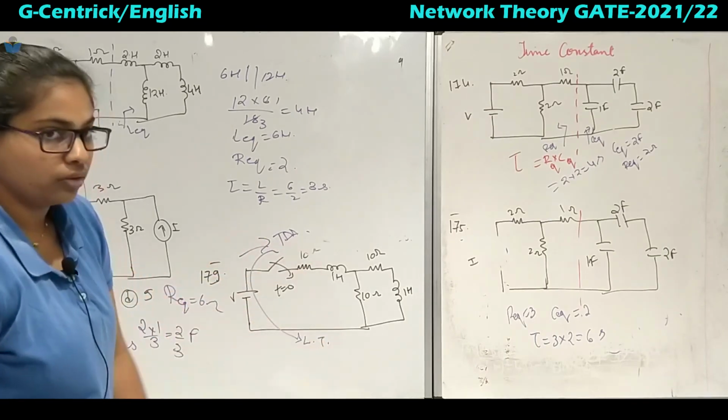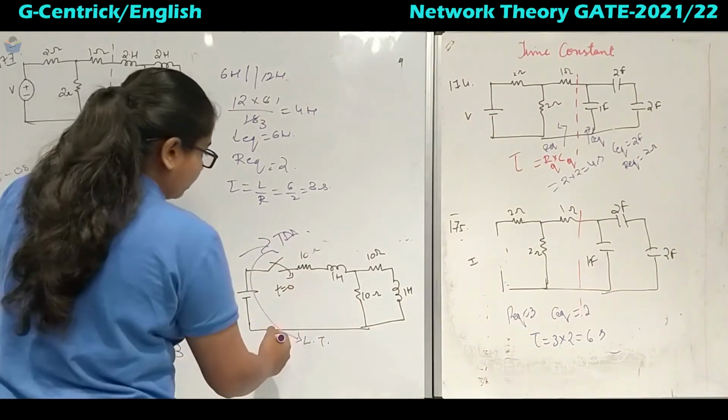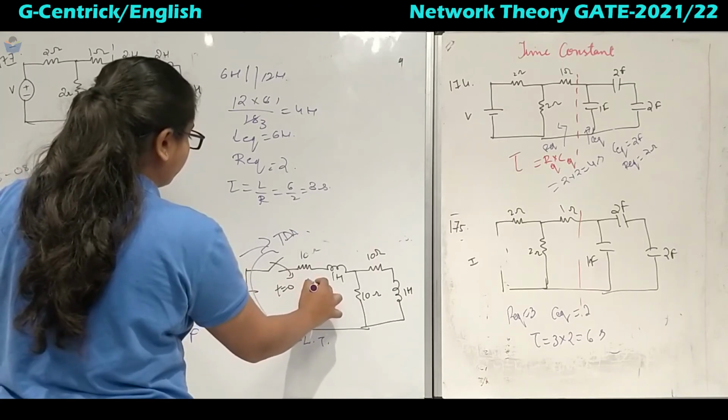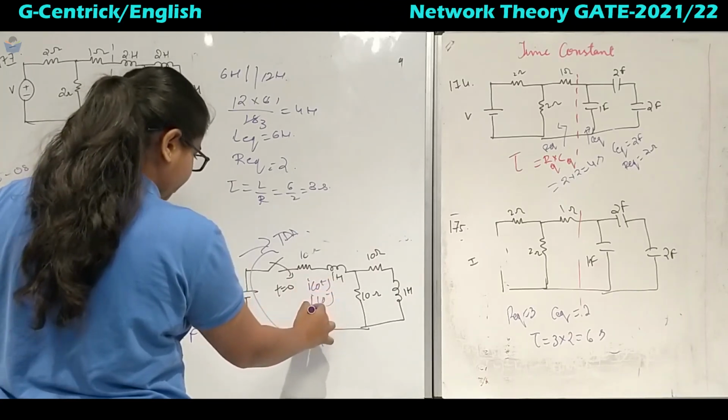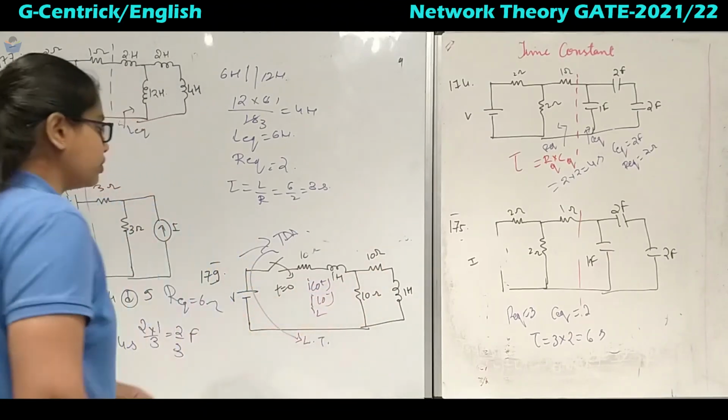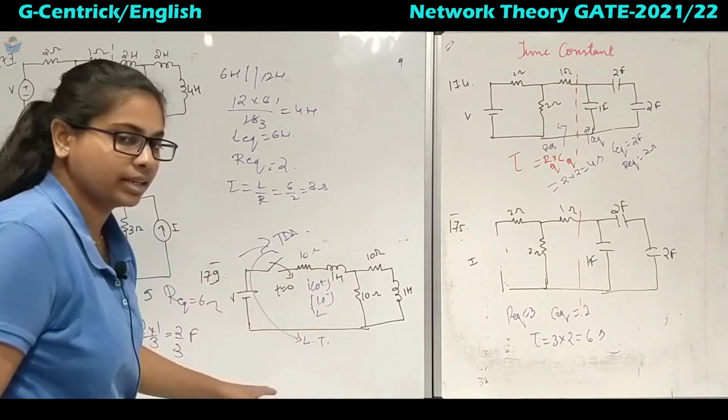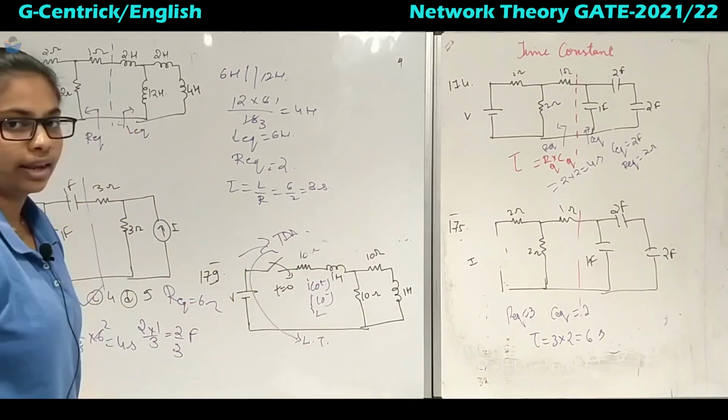We need to change it to the frequency domain. In the time domain, if they have asked for I of 0 plus, 0 minus, or IL, it can be solved easily by time domain analysis.